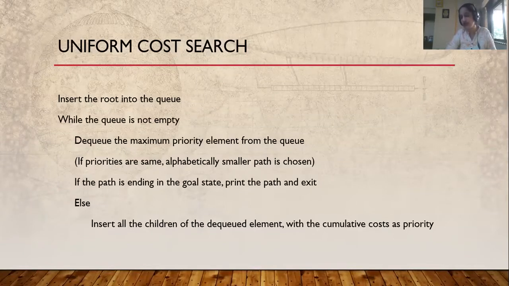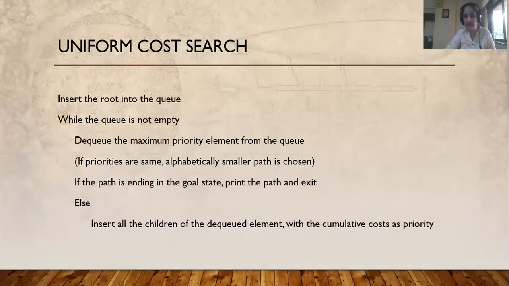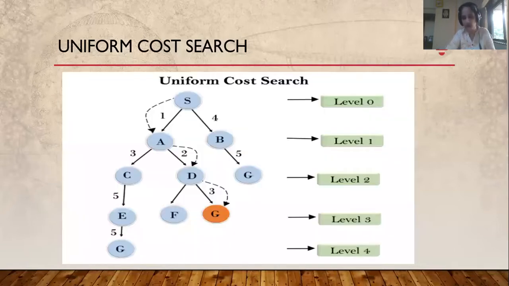Now the maximum priority will be given to an element whose cumulative cost is less. So it is vice versa: the cumulative cost should be less and that element will be given the maximum priority. Now we also have to understand what exactly the cumulative cost is. When we store information about S, the cumulative cost stored is 0.